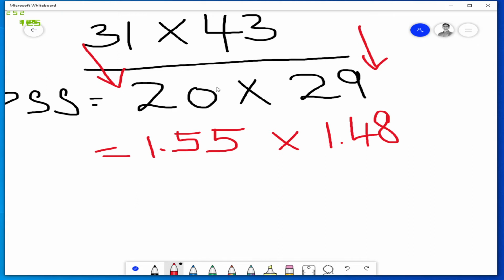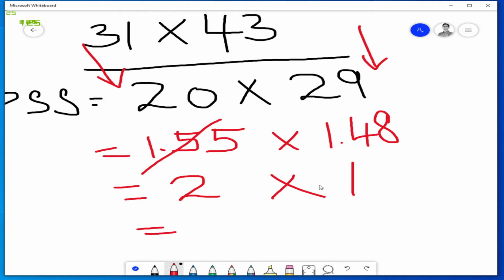Because here 1.55 is 1.5 and we don't round up; we round down to 1. For 1.48, it does not exceed 5, so it is 1.